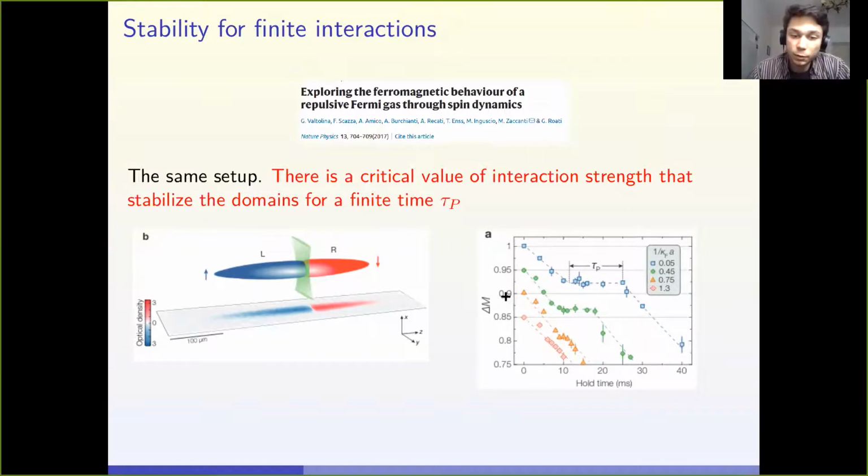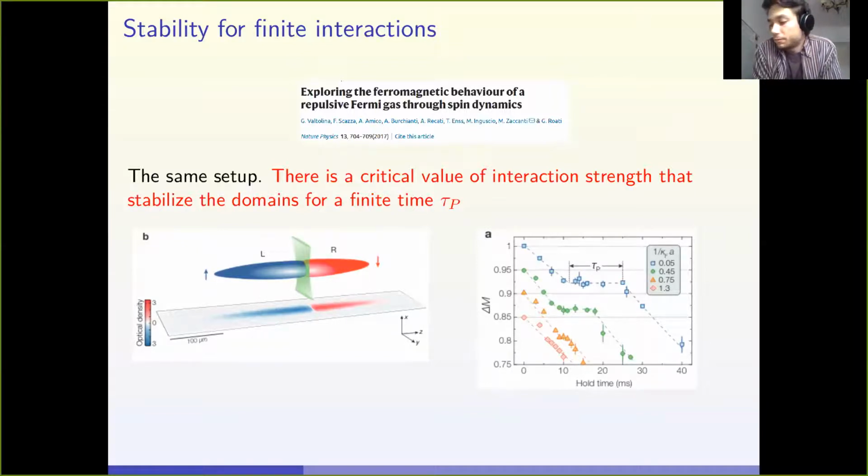If you look at the plot of magnetization as a function of time, you see that one can find the value of repulsion for which this magnetization exhibits a plateau. So there is a finite time when we have large magnetization. After that time, the magnetization drops to 0. And one can ask, what is the reason for the instability? Why this plateau? Why does the magnetization go to 0 after some time?